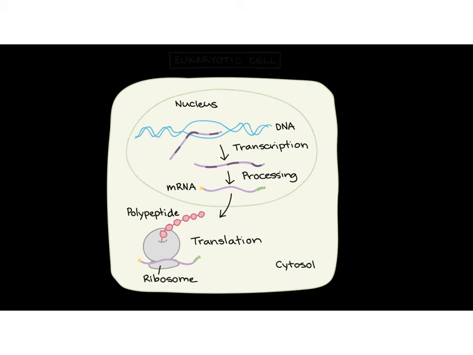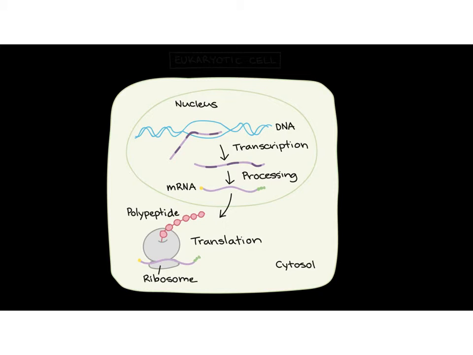So as a quick overview, we're going to look at transcription, processing, and translation to read the genetic code from DNA. So we have the process of transcription and the processing of the product of transcription in the nucleus. And then we have translation occurring out in the endoplasmic reticulum, which is where all the ribosomes are.